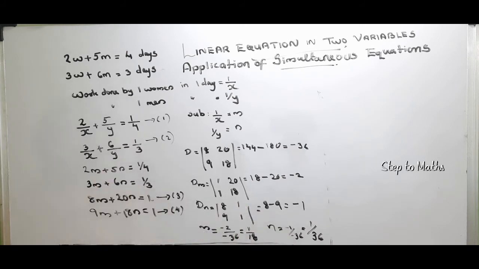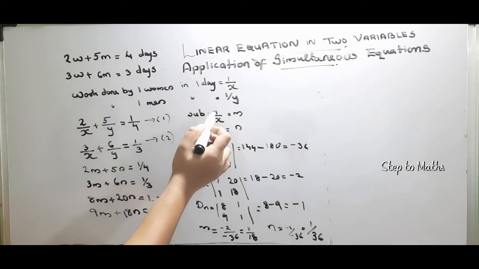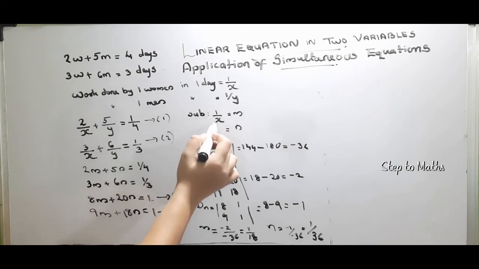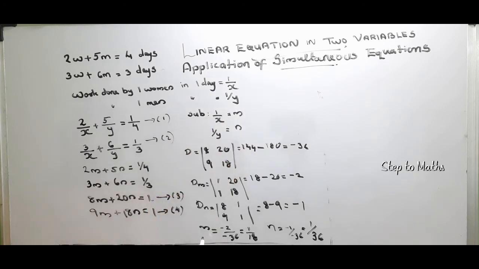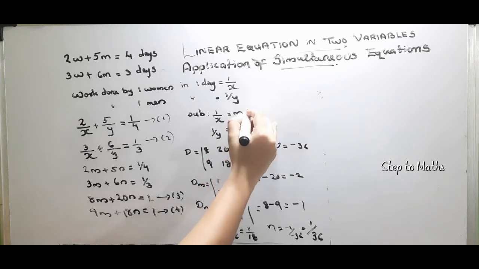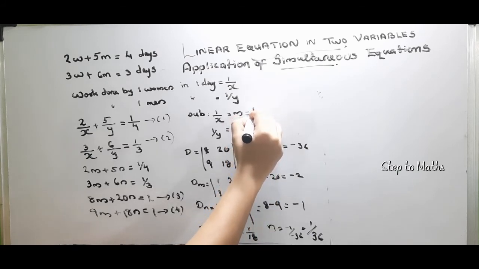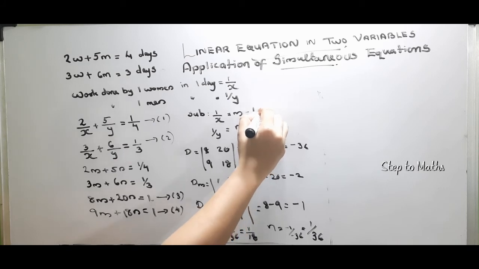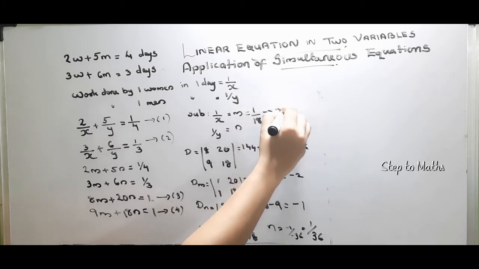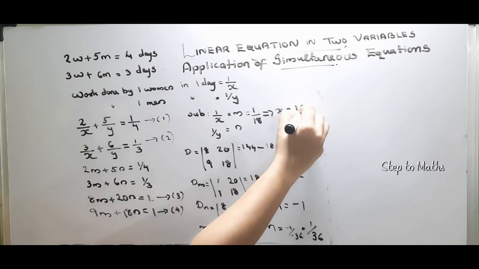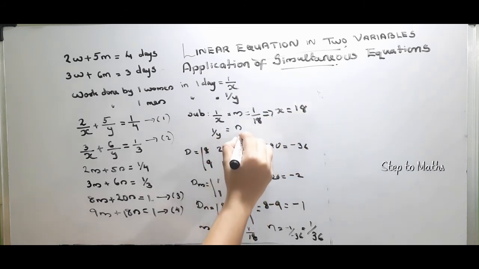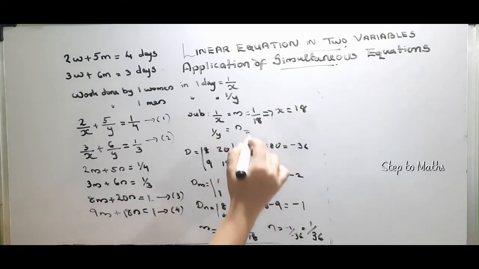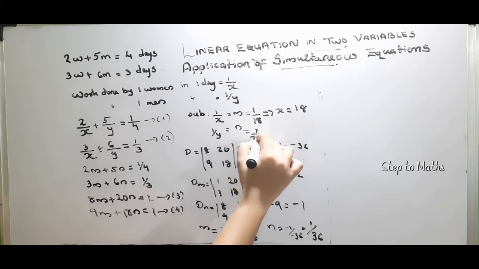Then what is our next step? Substitute these values. Our substitution is 1 by x is equal to m, equal to 1 by 18. That implies x is equal to 18. And 1 by y is equal to n, that is equal to 1 by 36.